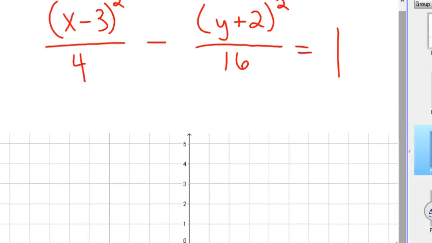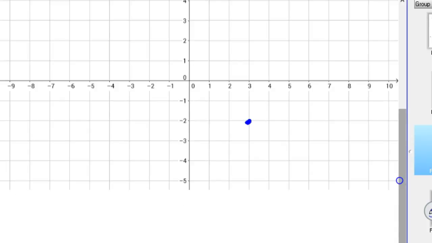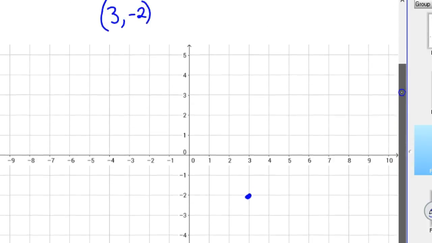What I would do first in this case is find our center, which is (3, -2). I'll graph that. If you go right 3, 1, 2, 3, and down 2, that's the center of our hyperbola. What we're trying to do here is create a scaffolding for the asymptotes.